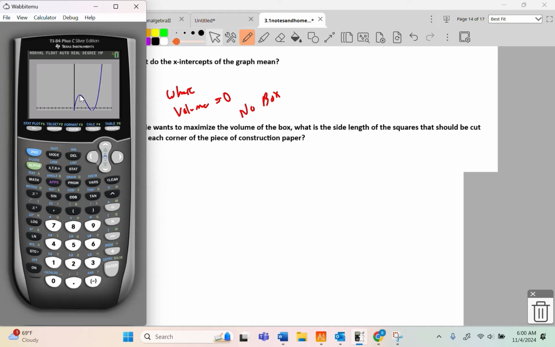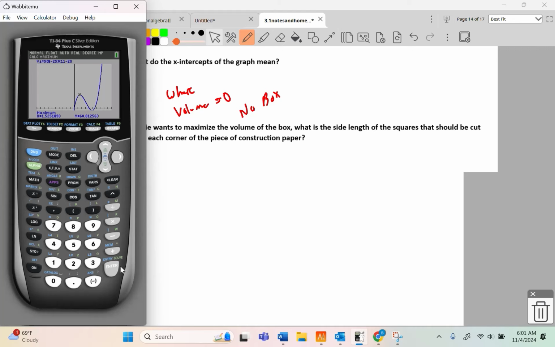And this point right here, where my cursor is, is going to be the absolute maximum volume of this box. Second trace, 4 for maximum. Take my cursor, get it to the left of the maximum, press enter. Get to the right of the maximum, press enter, enter for guess.